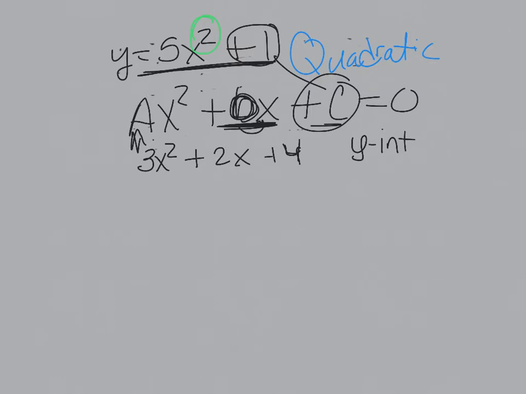All right, so when we have a quadratic in this form with no bx, then c, that's our y-intercept. And in this case, our y-intercept, it says 4, so our y-intercept is (0, 4).